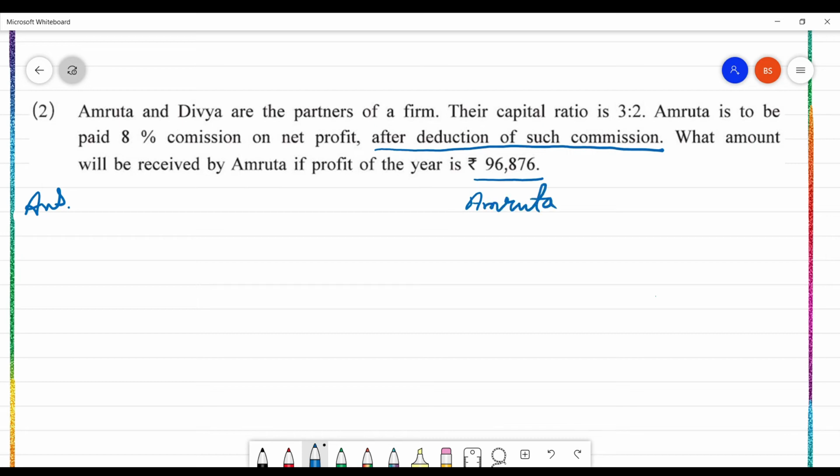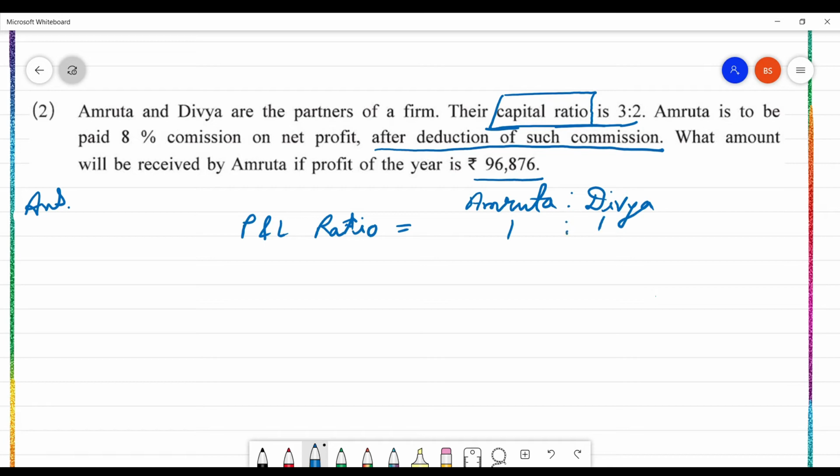First of all, you have to write down the P&L ratio. Amruta, Divya. Just keep attention on this. This is not the P&L ratio. This is the capital ratio. If the P&L ratio is not given, then we will take it as equal ratio.